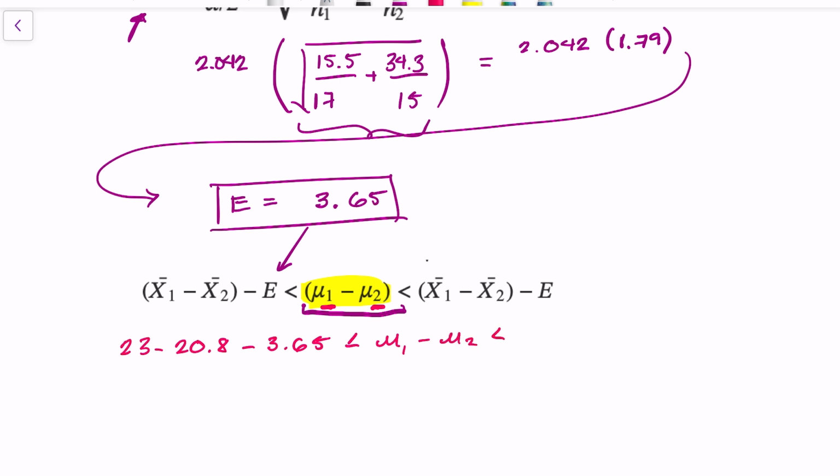And it's the same thing. I'm going to put parentheses here because it's cleaner that way. So 23 minus 20.8 plus 3.65.